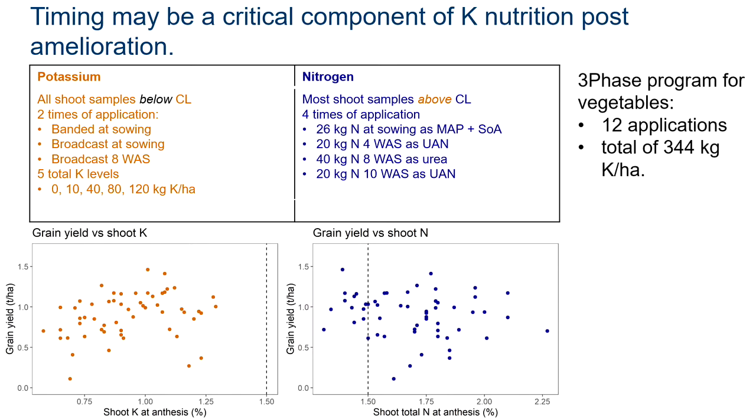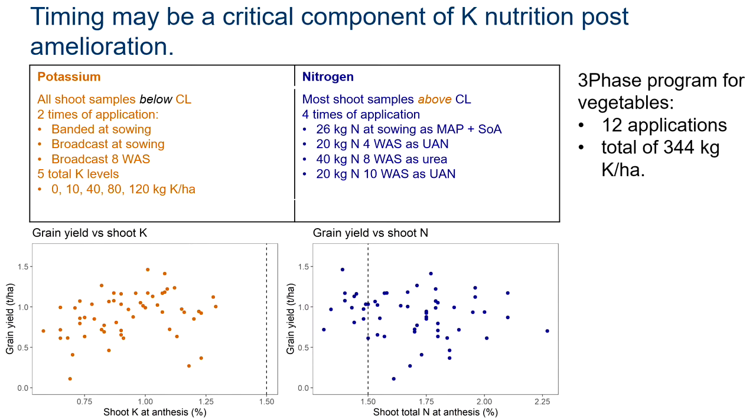It seems that timing is a really important component of understanding why we're seeing what we're seeing. Here we have a comparison of the way we applied our potassium treatments and the way that we applied our basal N treatments. In our field experiments, we split our N 4 times to manage the leaching risk.